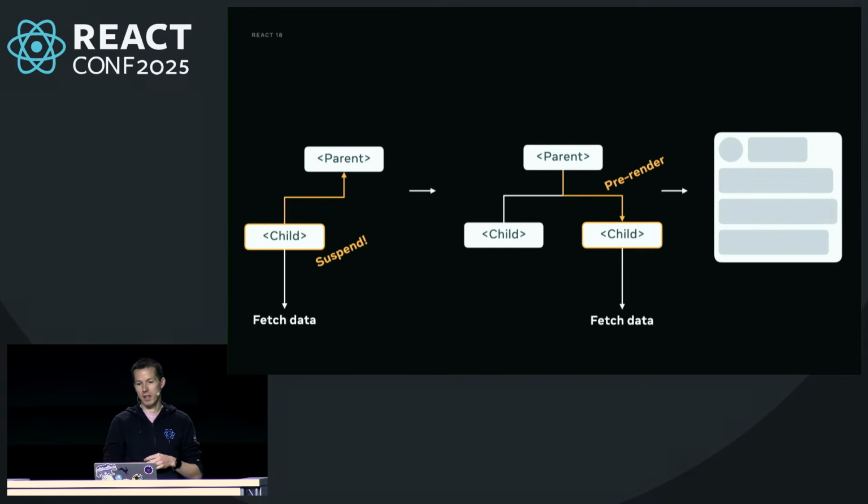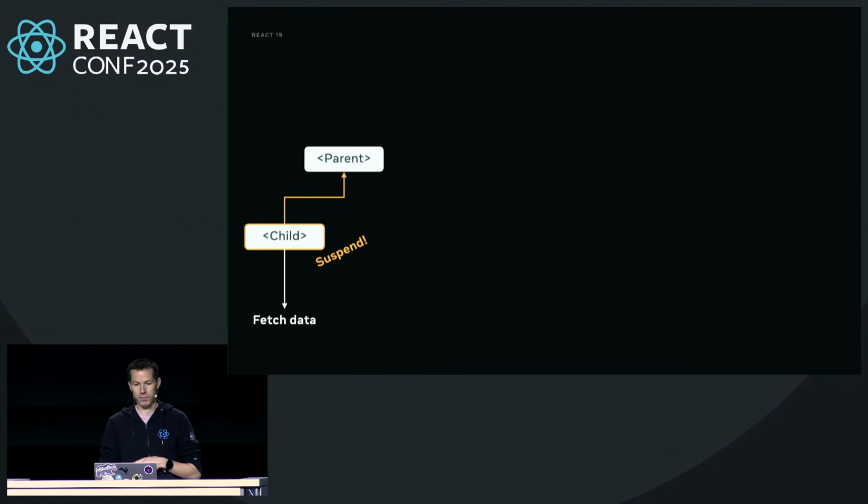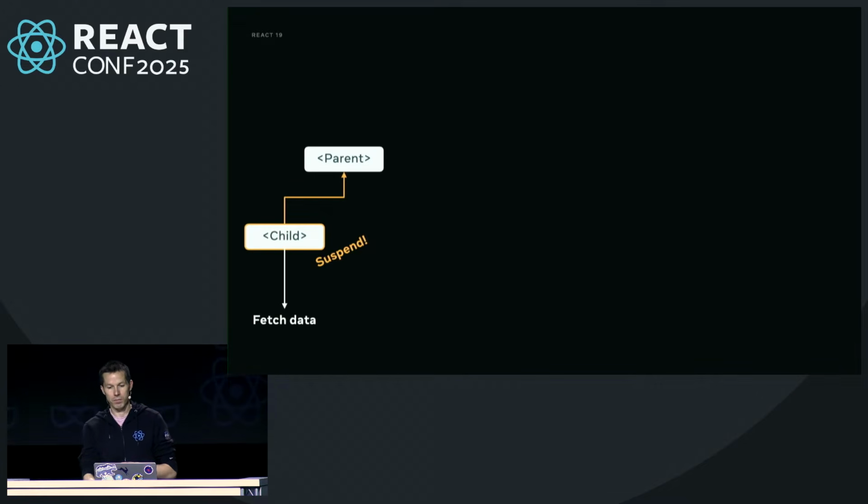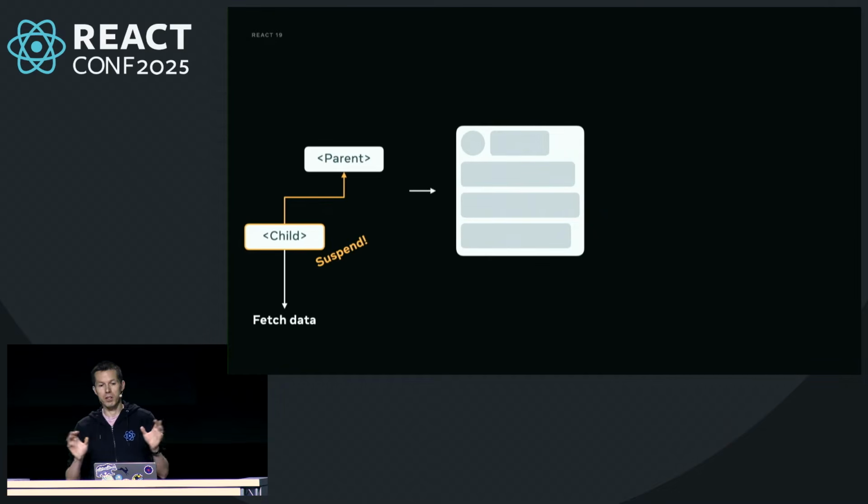But our initial approach meant that siblings didn't pre-render at all, which could delay the loading of data. So based on your feedback, we've implemented something even better than the original 18 behavior or the original 19 RC behavior. In React 19, when a component suspends, we immediately show the fallback, improving the user experience.